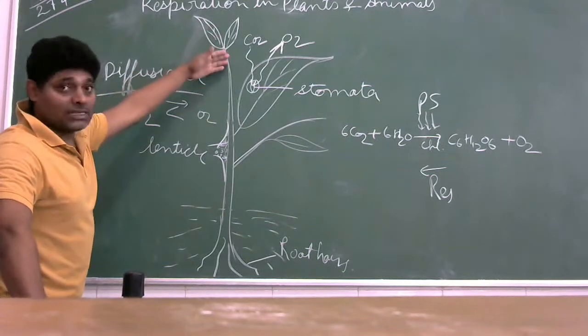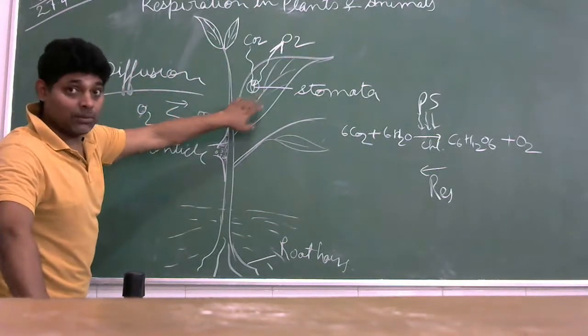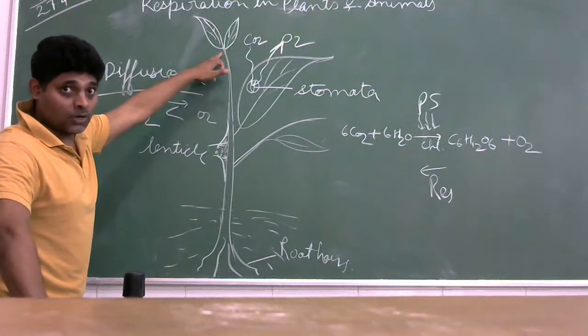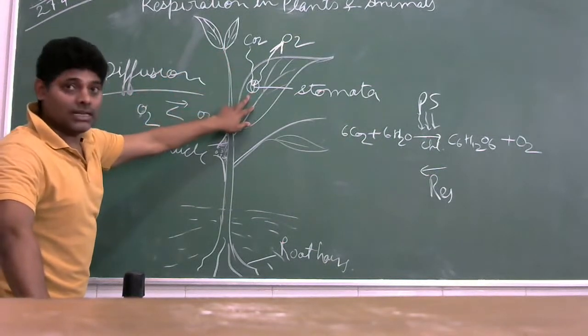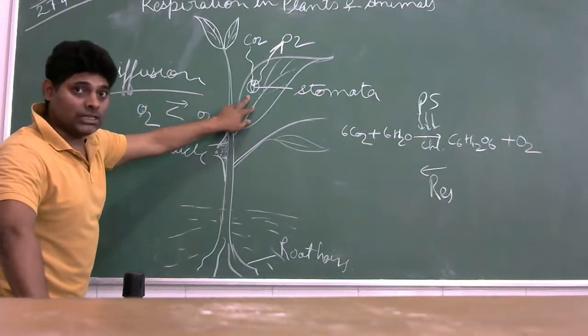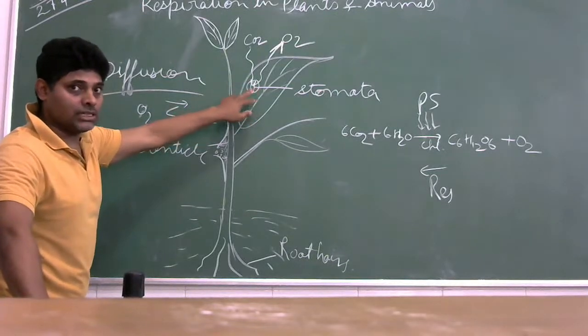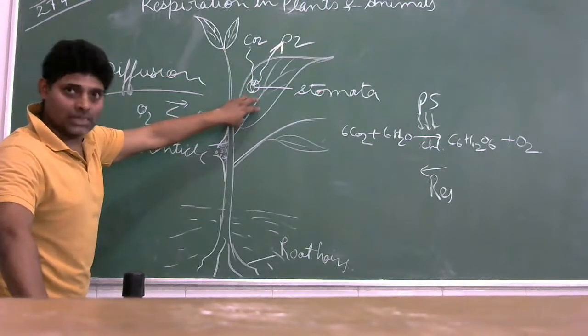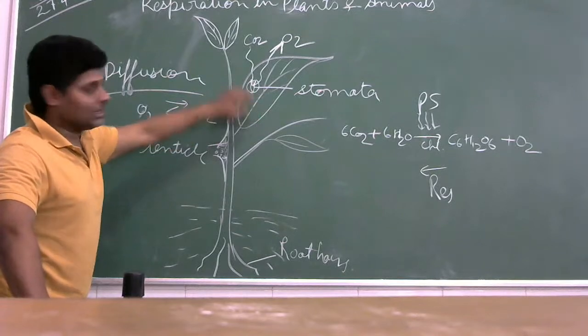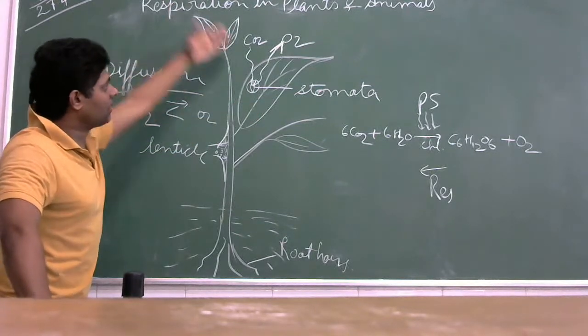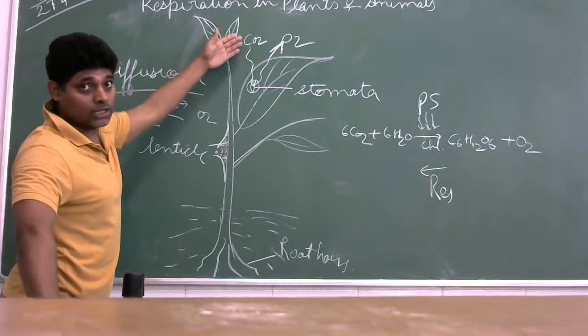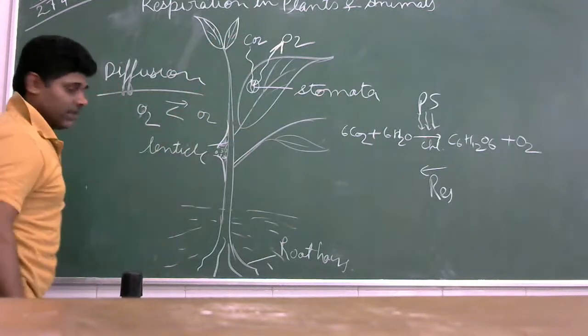So carbon dioxide concentration is lesser inside the plants than the atmosphere, because the carbon dioxide released due to respiration is utilized in photosynthesis. Then carbon dioxide will move from the atmosphere to the plants. So this is the way.